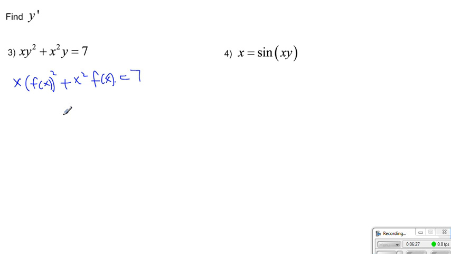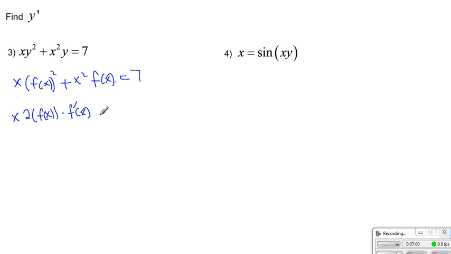All right. First, of course, we have to use the product rule here on the left side. We will end up getting x times the derivative of that, which is 2 times f of x, multiplied by the derivative of the inside, which by chain rule is f prime of x, which is basically df over dx.